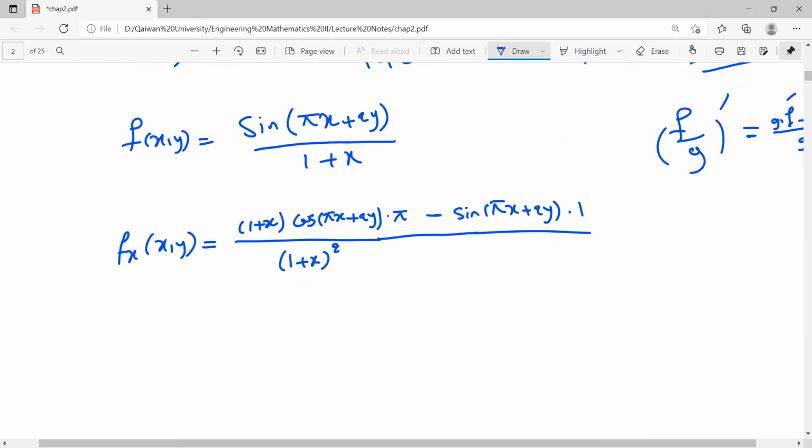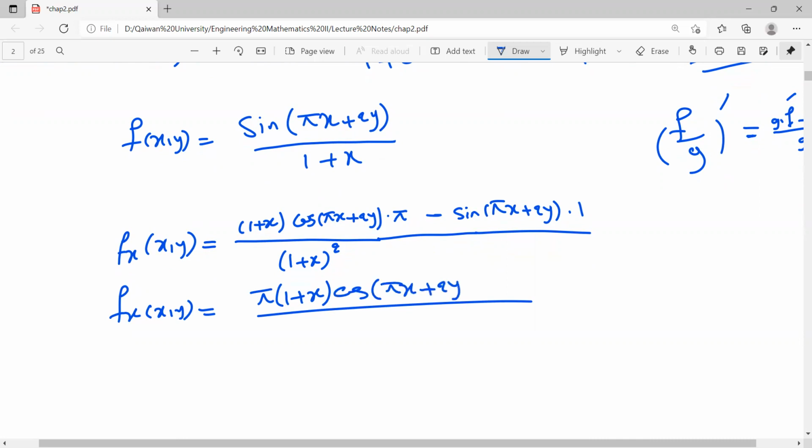Now we just try to simplify it. We say f sub x at x, y equals, here we get pi times (1 plus x) times cosine(pi x plus 2y) minus sine(pi x plus 2y), all dividing by (1 plus x) squared.